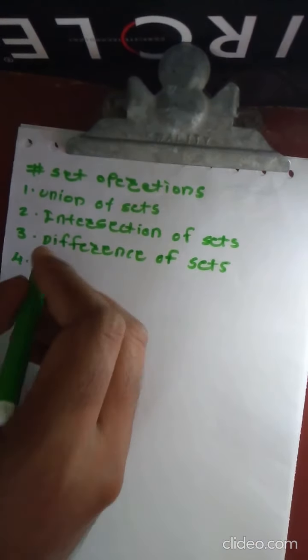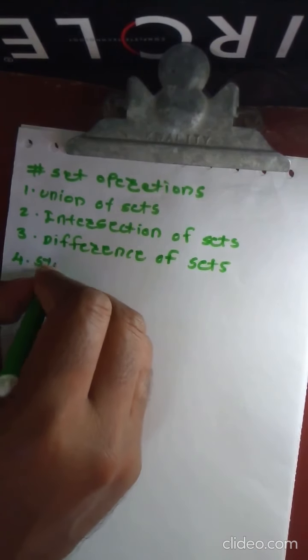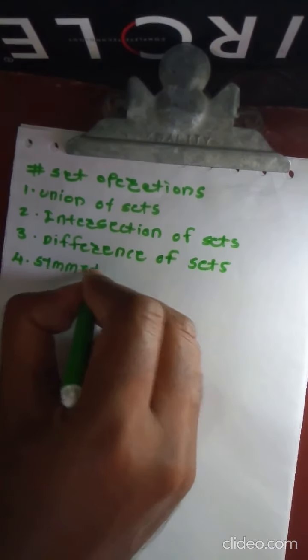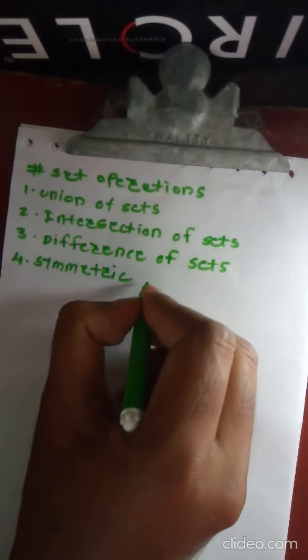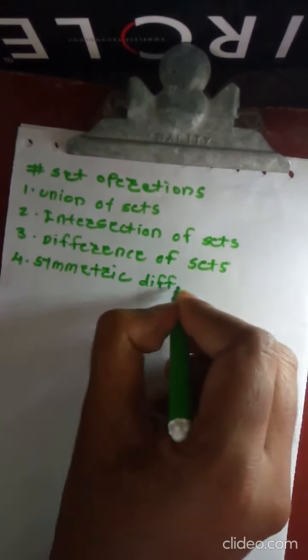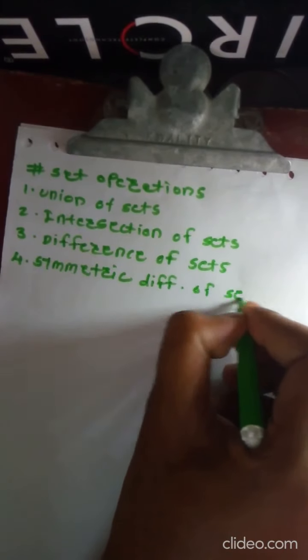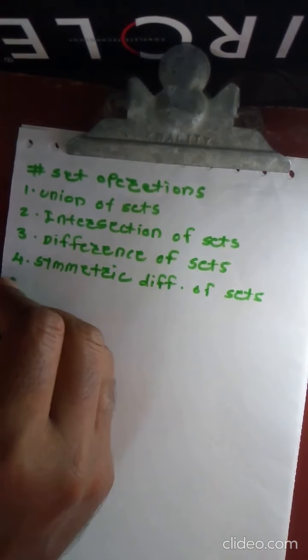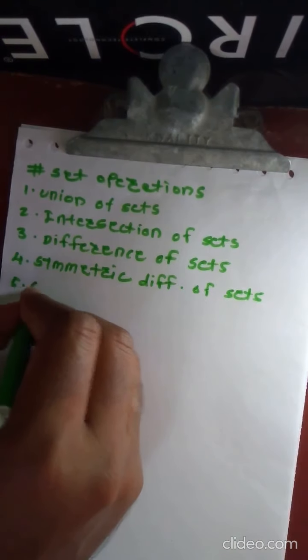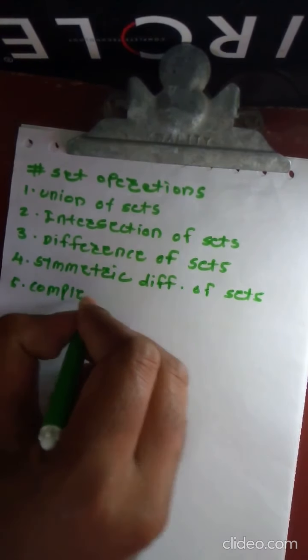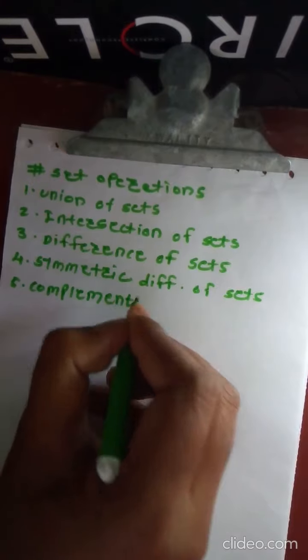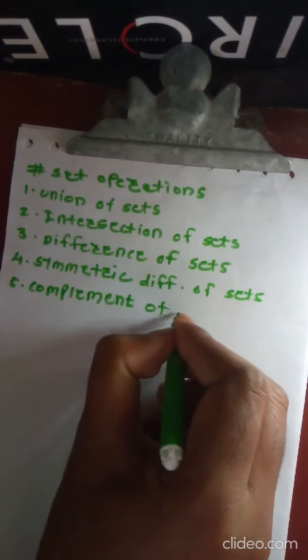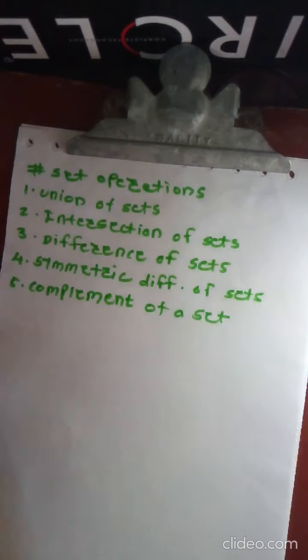Fourth one is symmetric difference of sets, and last is complement of a set. Complement of a set. So these are the mainly 5 operations performed on the set.